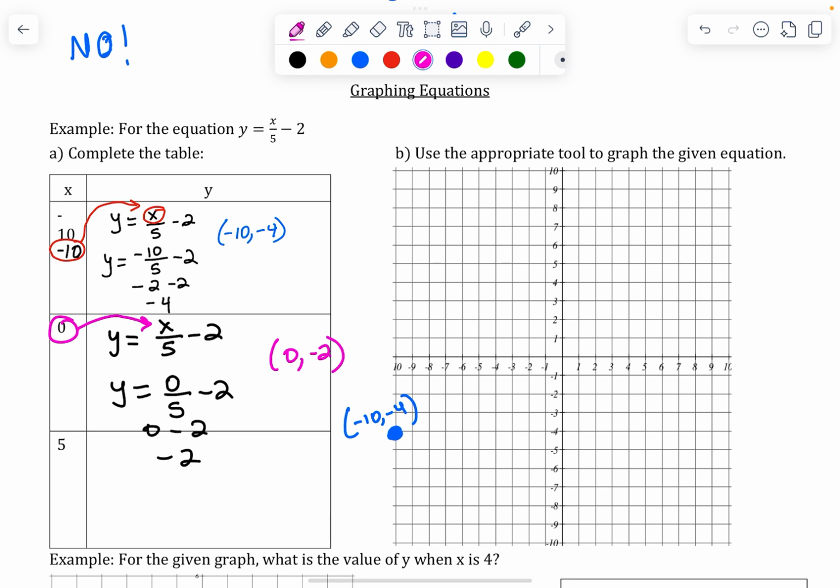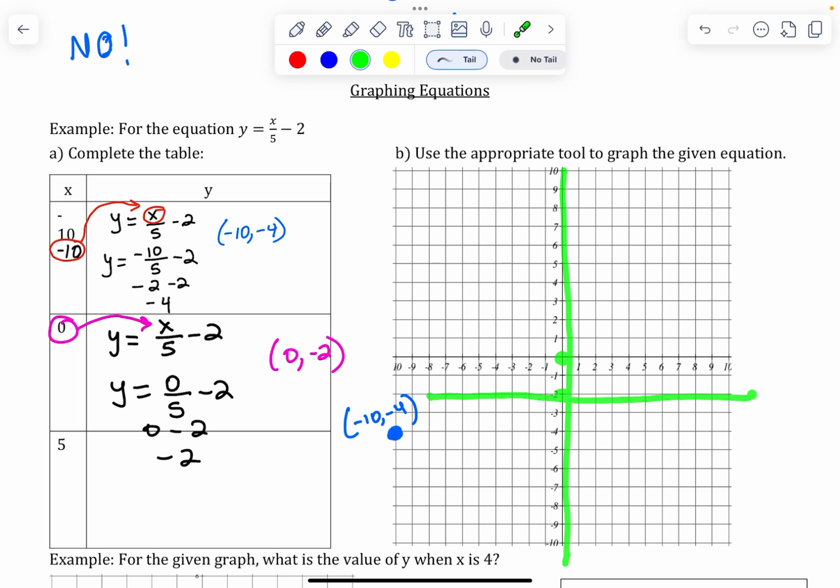So for us to graph that, we're going to find 0 on our x. So we're not going left or right at all. So here's our x value. We're going to find negative 2 on our y. So that would be our y value. And our intersection is going to be right here on the x-axis.